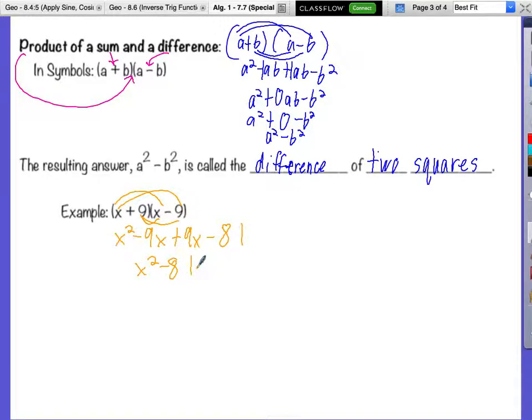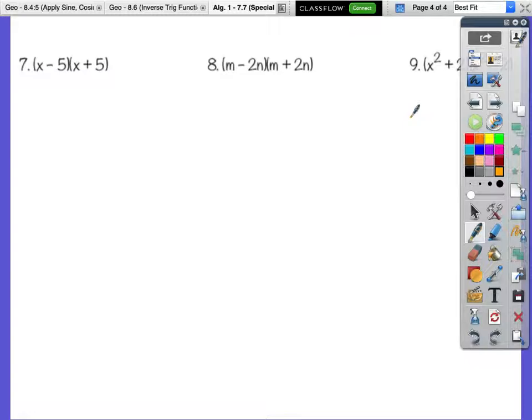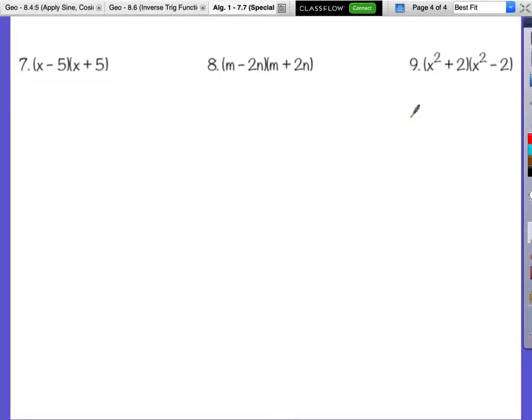Seven and 8. Exactly. It's all in your imagination.